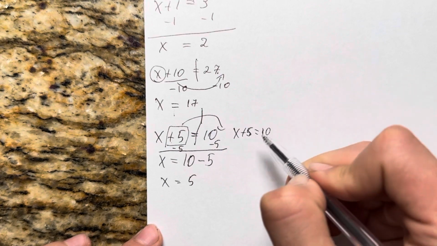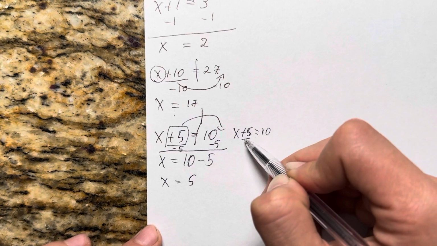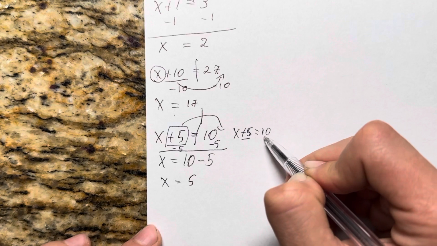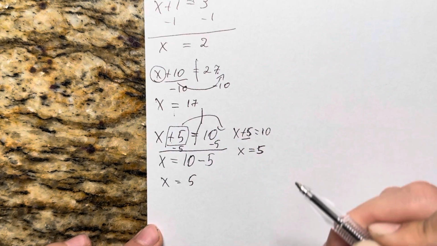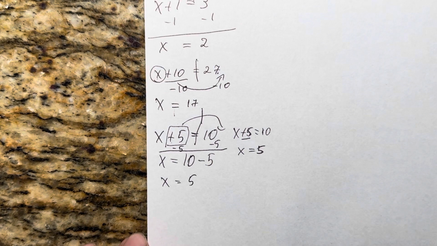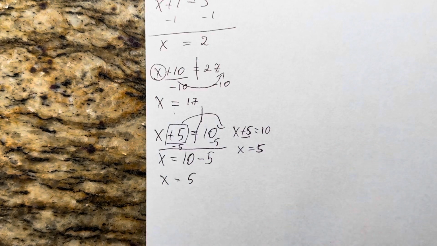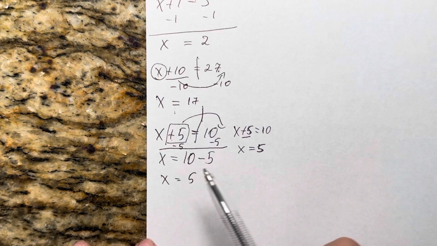So you'll know that you have to move plus 5 to the other side with an opposite sign. So in your mind, x equals 10 minus 5, so we'll have x equals 5. And as you get even better, you'll just see the equation and know, and do all this in your mind. It will be very helpful in high school math and other math.